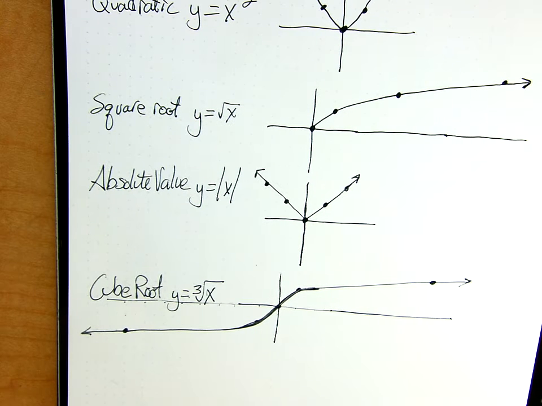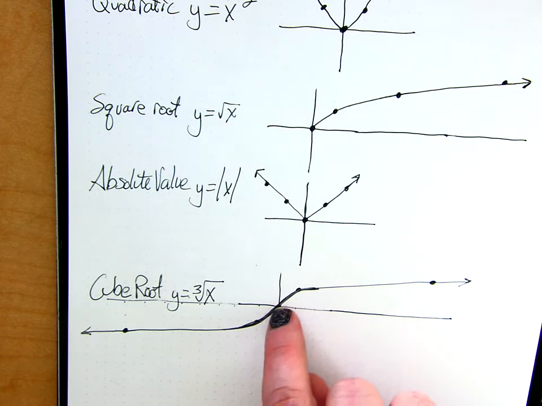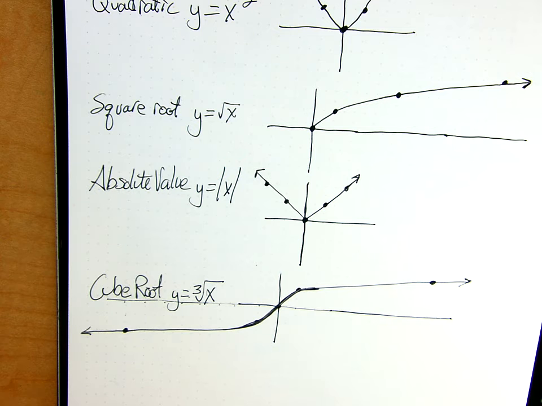So it's similar to square root, but it goes on forever in both directions. And then these two are also symmetrical to each other. So whatever it's doing over here, it's sort of mirroring it over here. Isn't that something?